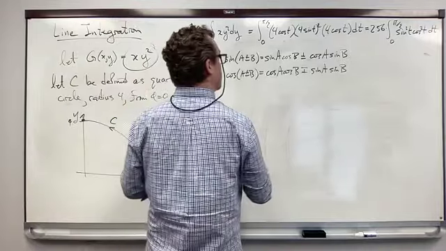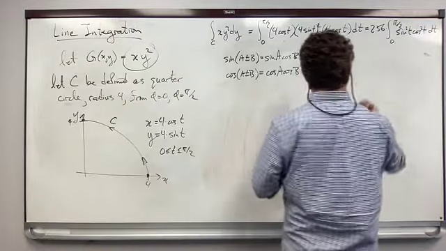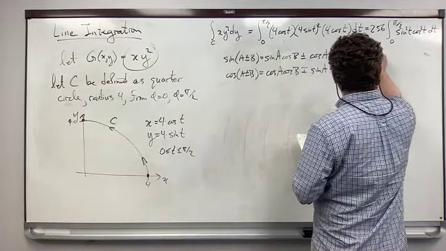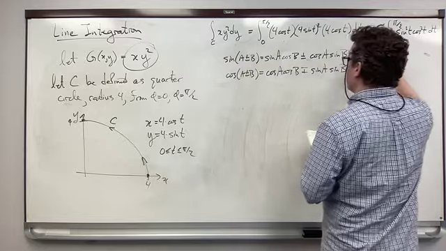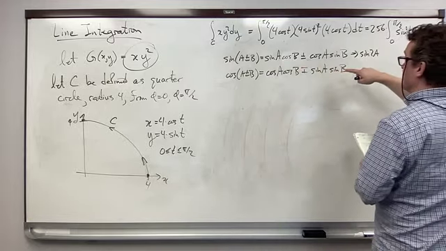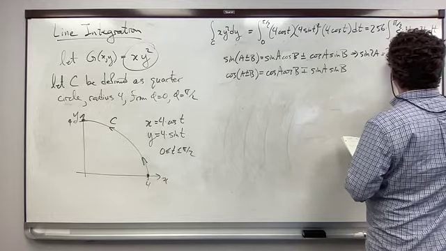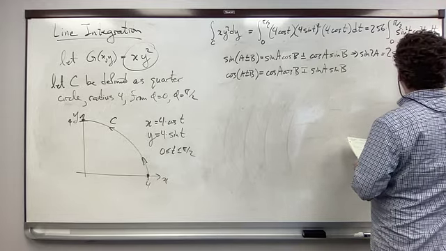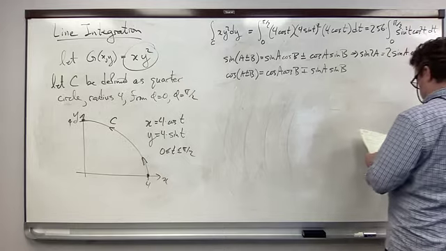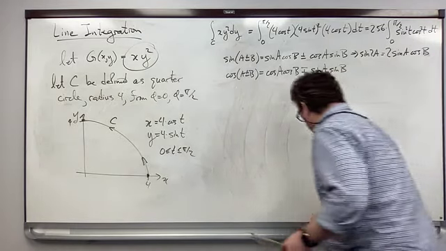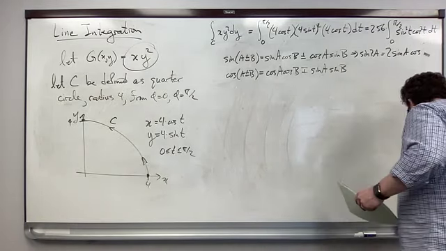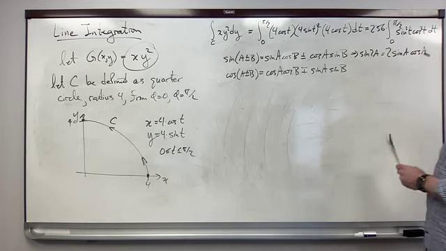Okay? And so this means sine of 2A, right? If A equals B, then this thing equals 2 sine A cos A, right?